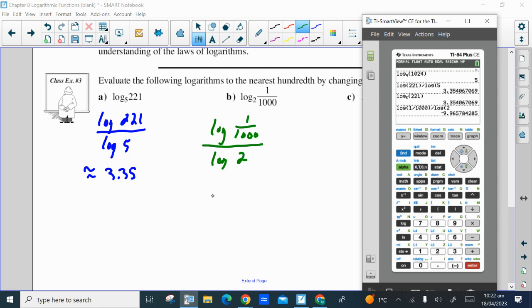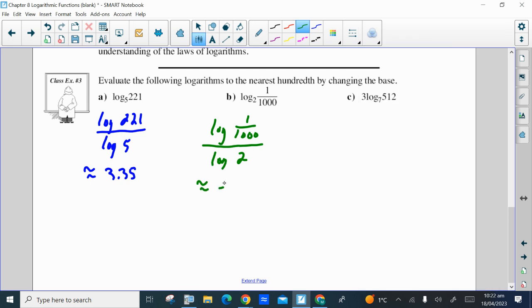The only thing that would change that is if the graph shifts left or right. If it shifts left, then the graph could be to the left of the y-axis. But the graph does go below the x-axis, which means that y can be negative, and y is the answer. So the answer can be negative. In this case, it's negative 9.97 if we round to the nearest hundredth.